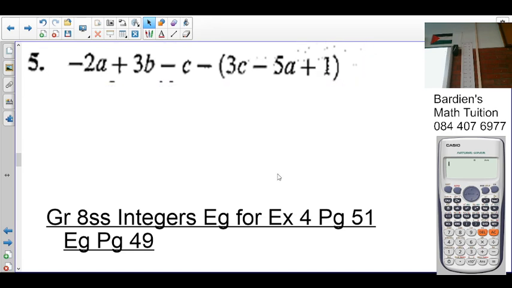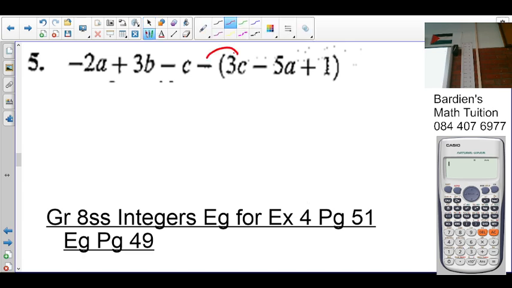Okay, number 5. How many terms are there? 4 terms. Why you say 6? Huh? So remember the bracket and everything inside it is considered as 1 term. What separates terms is positive and negative signs.